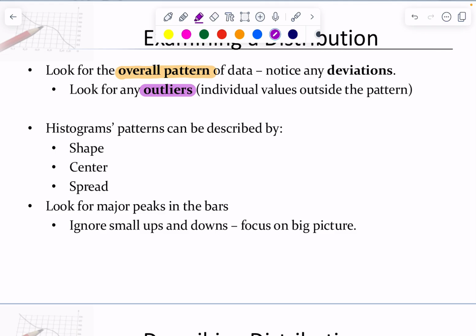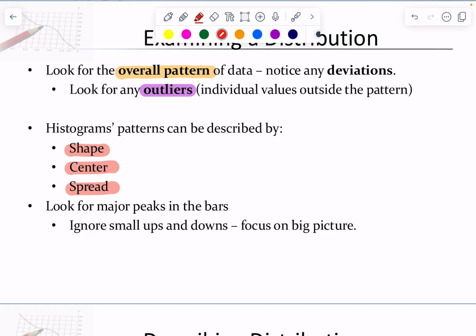Like we talked about on that title slide, we're going to talk about shape, center, and spread. And then outliers is another thing we comment on. Do we see any apparent outliers, or not? All of that gets taken in as part of our analysis for that overall distribution.